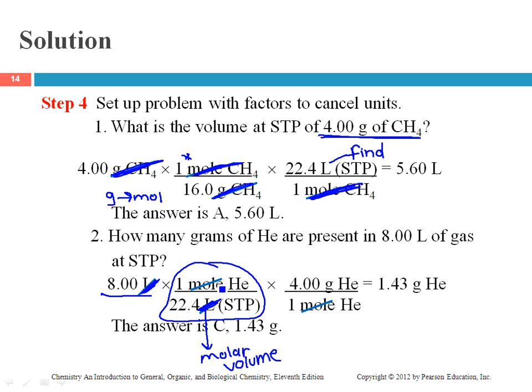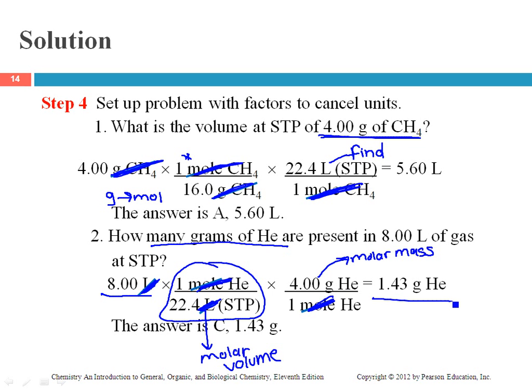We're left with moles on top because that's what the molar volume is, 22.4 liters per 1 mole. Okay. And we know that in 1 mole, we have 4.00 grams. So this is the molar mass, or the atomic weight, of helium. If you look on the periodic table, it's 4.00. So now our moles will cancel. We're left with grams of helium on top, which is what we're trying to find. And that would be 1.43 grams of helium.